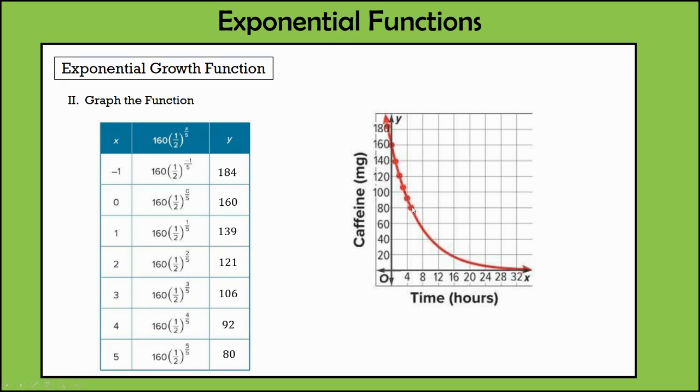So in 5 hours we're at 80 milligrams. Okay, what's the asymptote? The asymptote is the number that you approach but never get to, so the asymptote is still y equals 0.